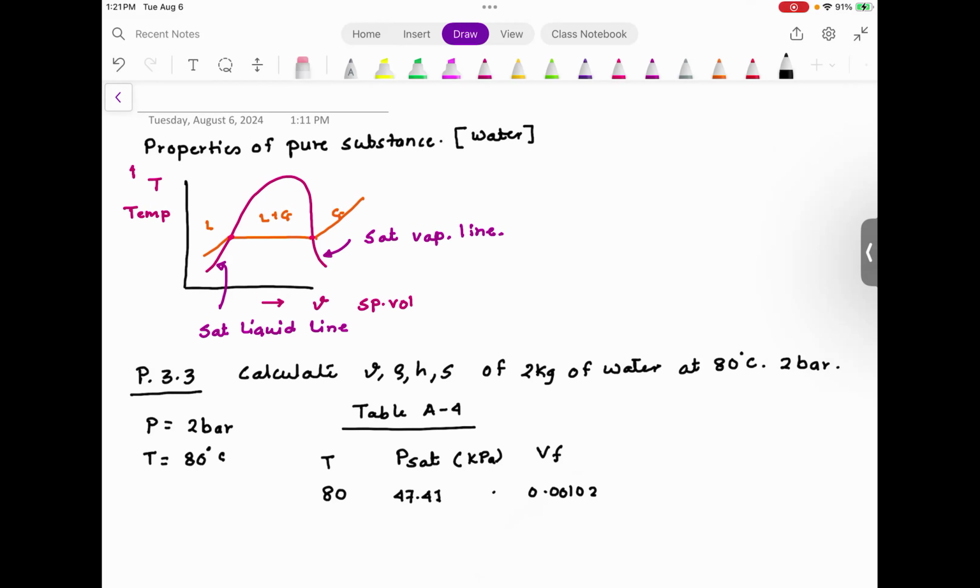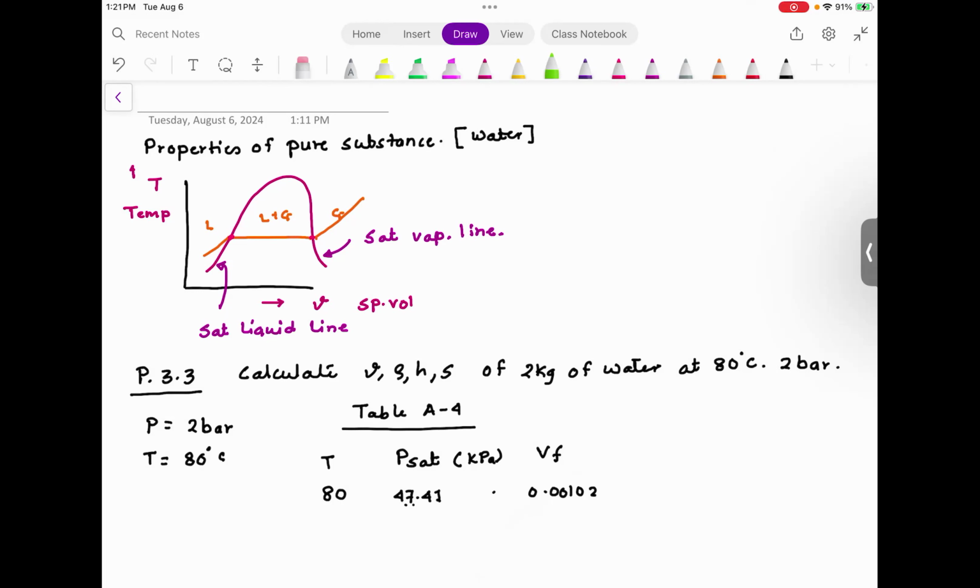The most important part here is the temperature is 80 degrees. Do you agree with me? For 80 degrees temperature, the saturation pressure is 47.41. What that means is, if you want water to evaporate, your pressure has to be 47.41. Is this pressure greater or lower than 2 bar?